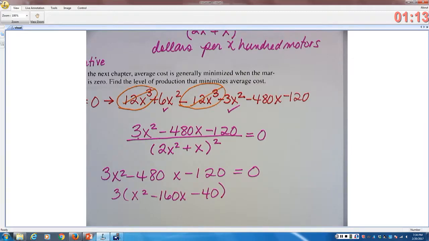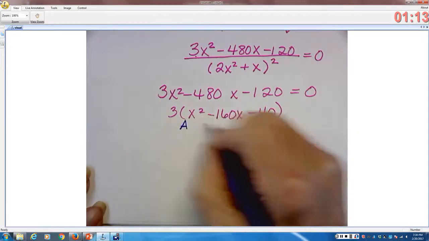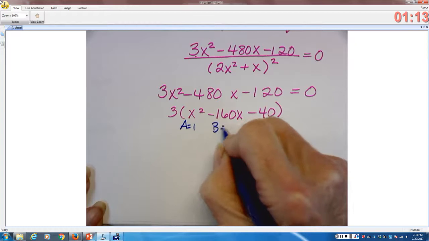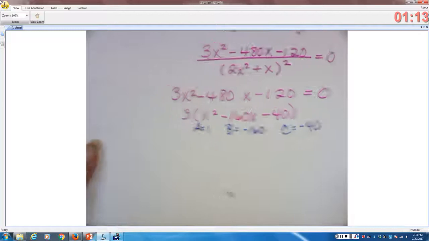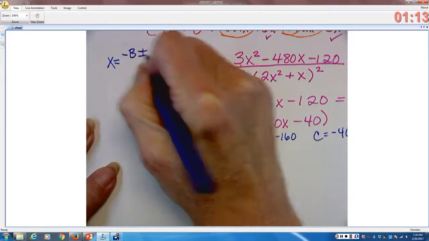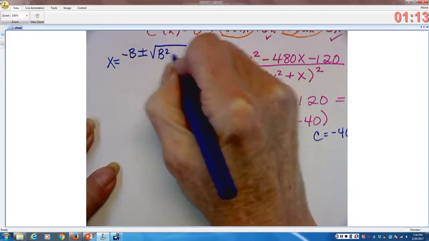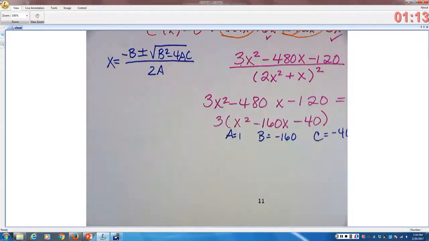You could do the quadratic formula. A is equal to 1, B is equal to negative 160, C is equal to negative 40. Just plug into the quadratic formula. I'm going to leave that up to y'all.